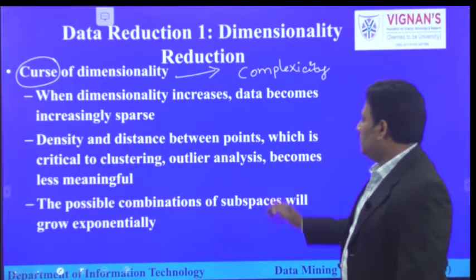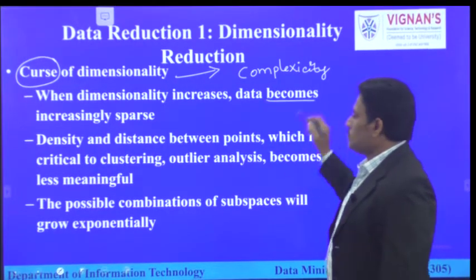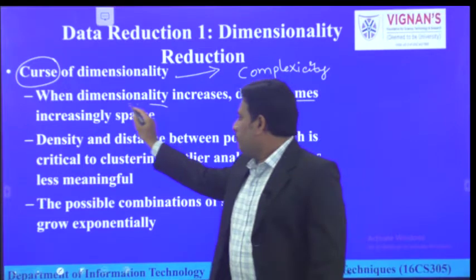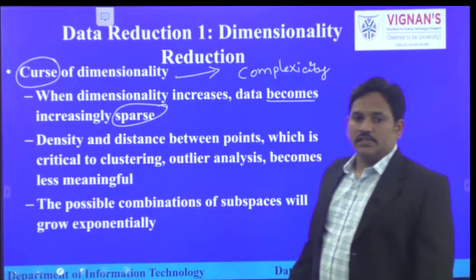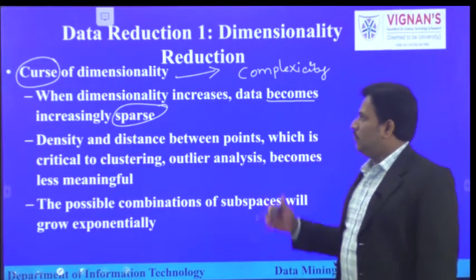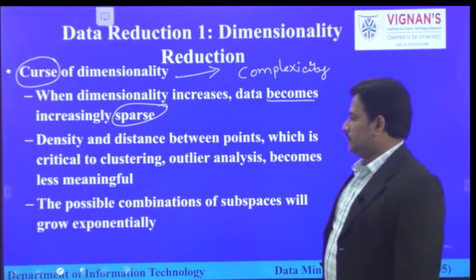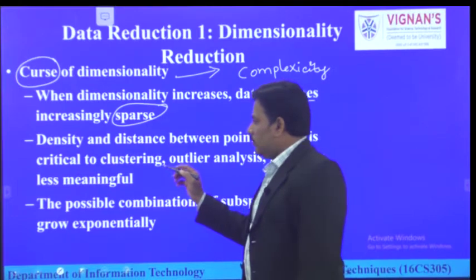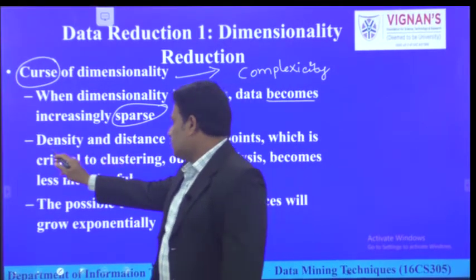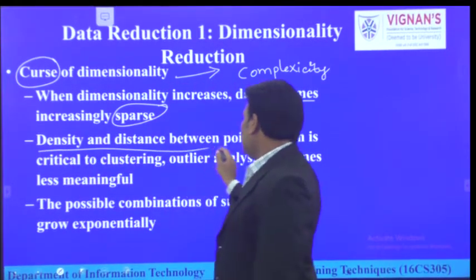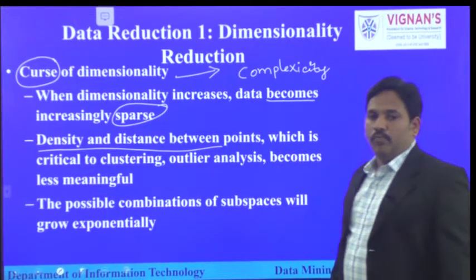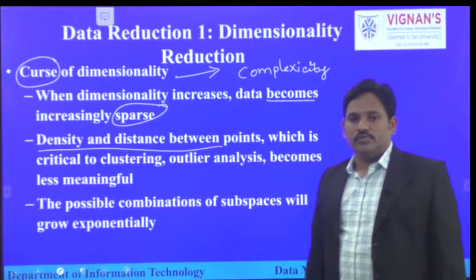When dimensionality increases, the data becomes more sparse in nature. So to reduce that sparsity of the data, we can go for data dimensionality reduction. And one more reason why you should go for dimensionality reduction is density and distance between points. Here points means attributes.